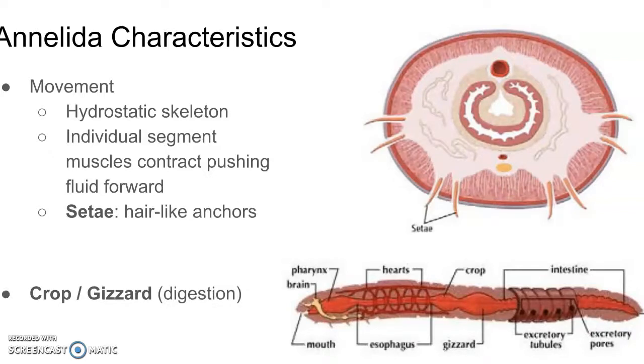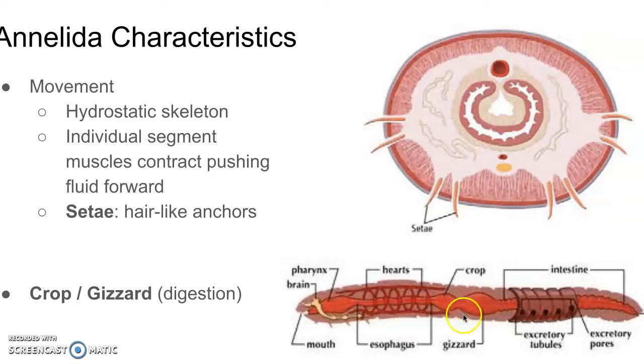It also has a crop and a gizzard. The crop is a storage. When the organism eats, it eats all kinds of materials, hard and soft. The hard materials stay in the crop. The gizzard is where most of the digestion occurs.